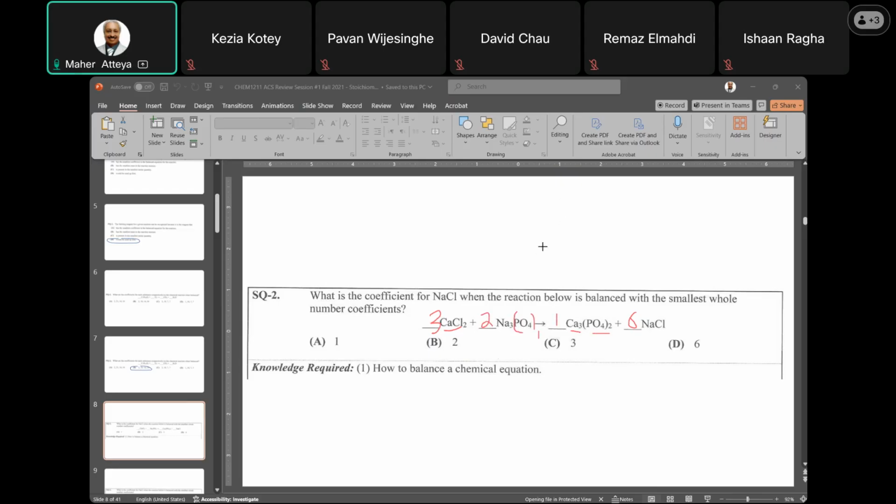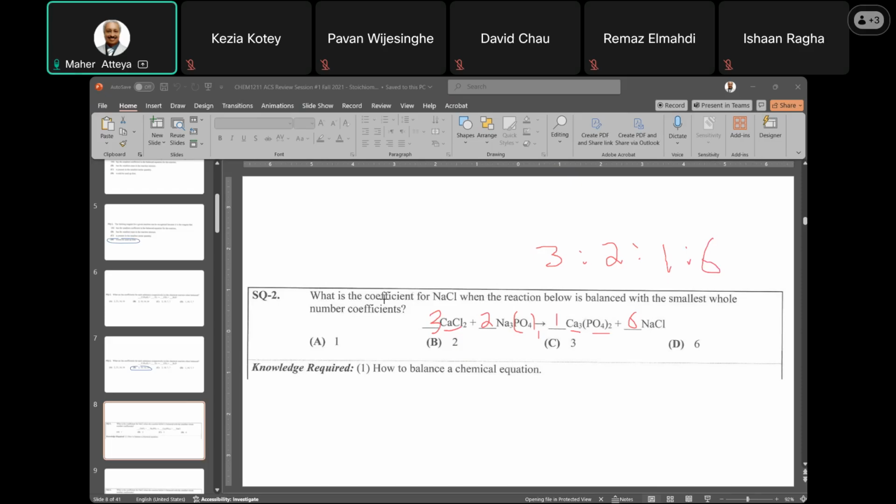So the ratio here is 3 to 2, 1 to 6. So what is the coefficient of sodium chloride? It will be 6. Correct? Everybody agrees?